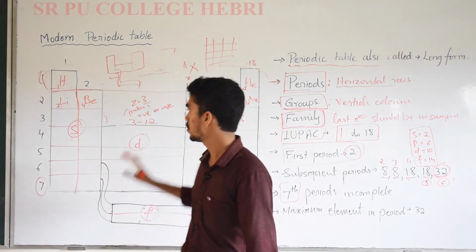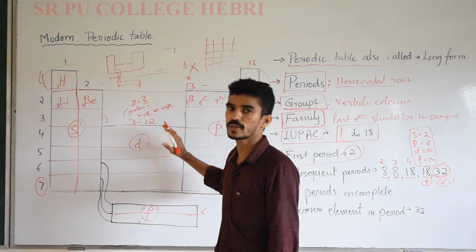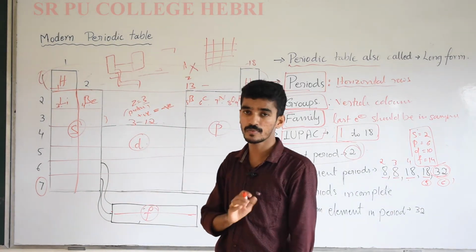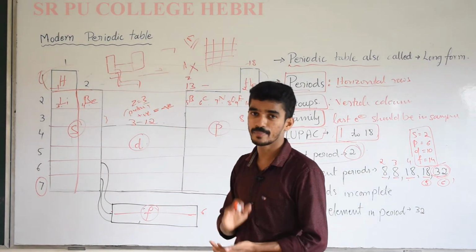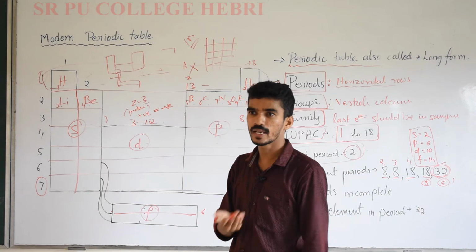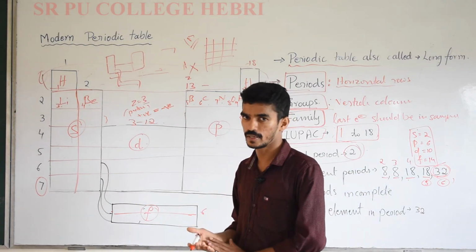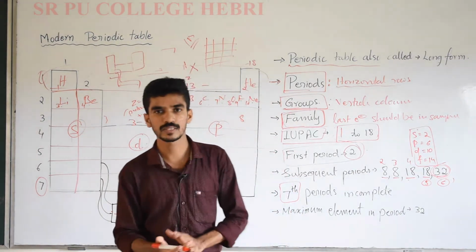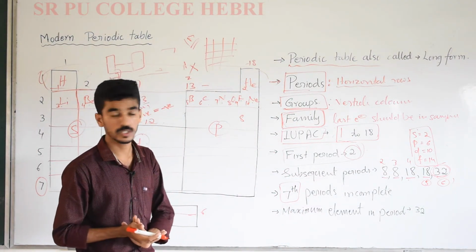I hope you understood what a periodic table is, what a long form is, what a group is, what periods are. Those are very important questions for 1 mark: what is a period, what are groups, what are families, how many elements are present, how many periods are there, how many groups are there, and how many elements are present in each row. You should remember that.